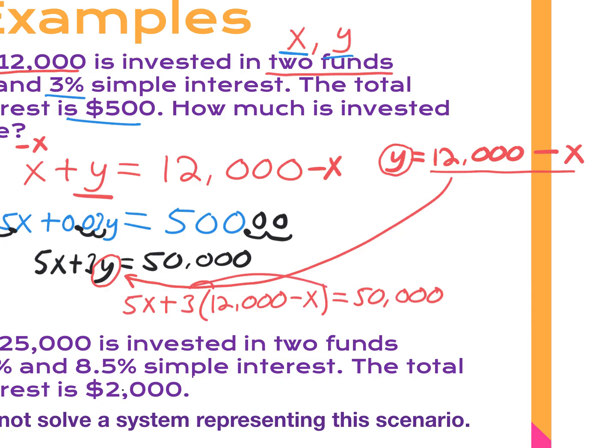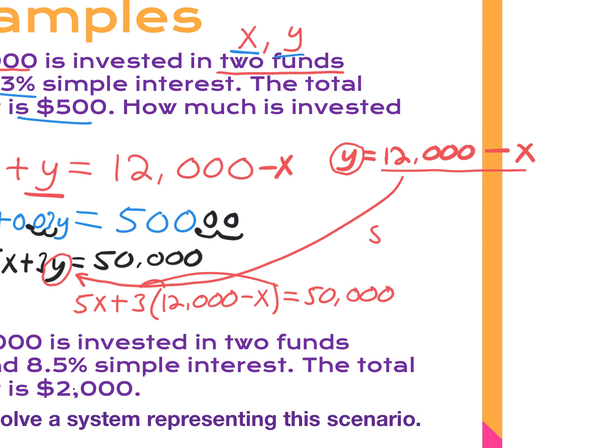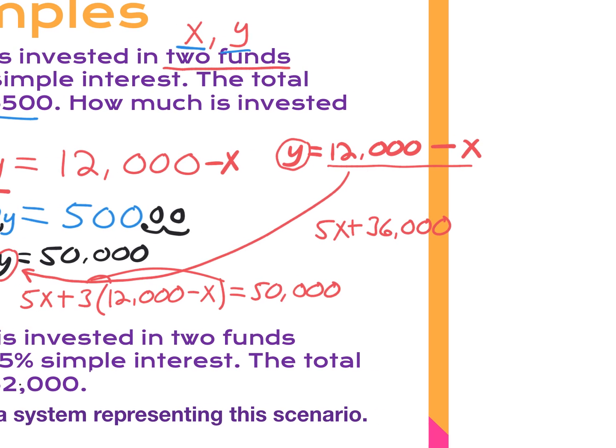So distribute 3. This is going to get you 5x plus, do we know what 3 times 12,000 is? 36,000, right? What's 3 times 12? 36, right? And then there's 3 zeros, so 36,000, right? And then minus 3 times x is just minus 3x equals 50,000.